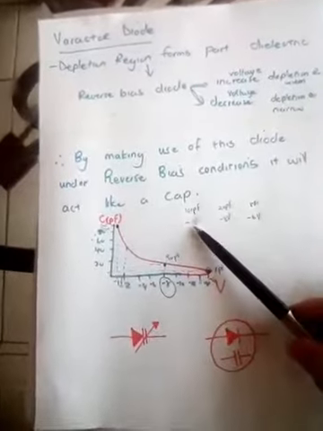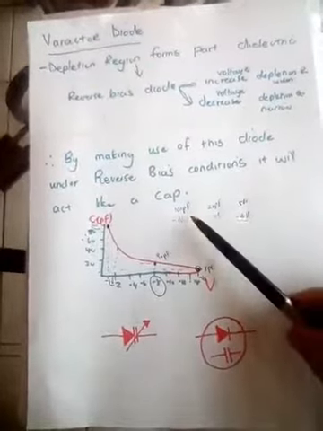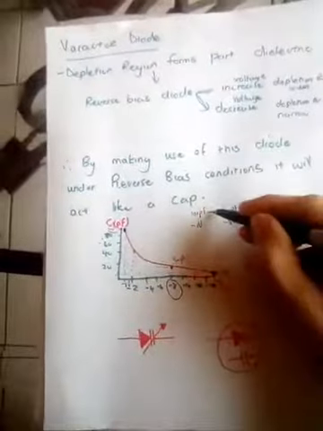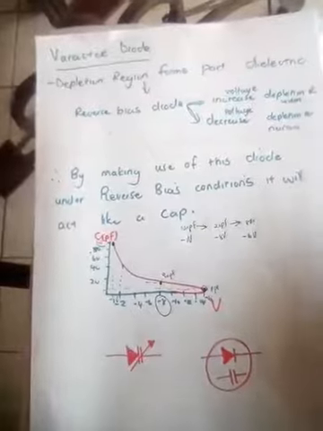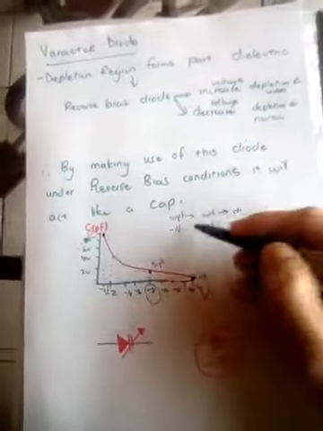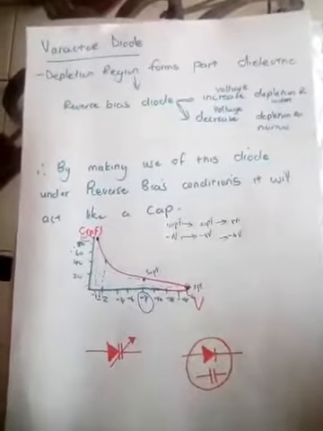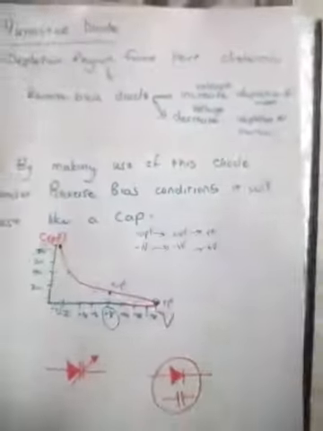My capacitance is decreasing, and the voltage is also decreasing, the same effect. There's a symbol like this or like this, anyone that suits you, just draw neat please.